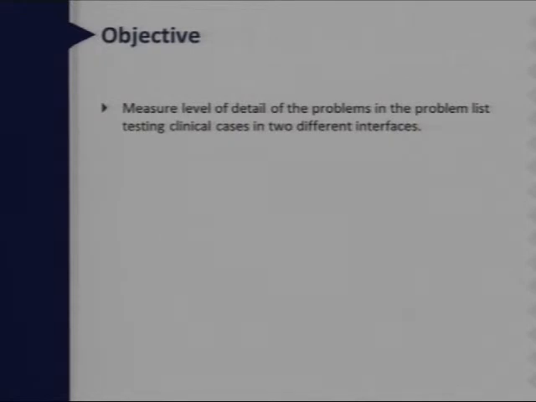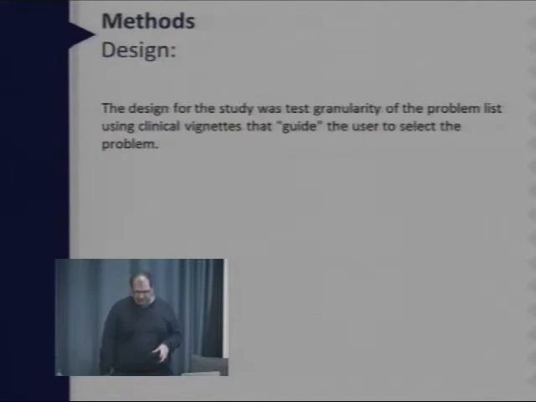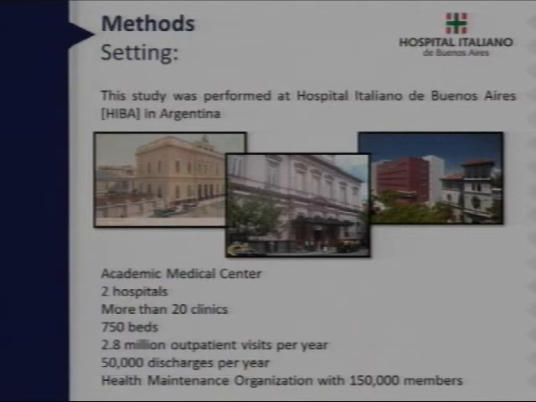The objective of my project was to measure the level of detail in the problem list, testing clinical cases in 2 different interfaces. For that, the design of the study was to test the granularity, the level of detail, using clinical vignettes, clinical cases that guide the user to select a problem. The study was performed at Hospital Italiano de Buenos Aires in Argentina.